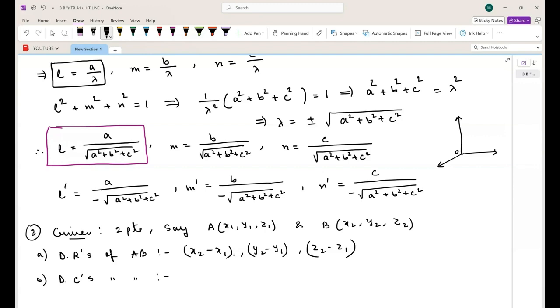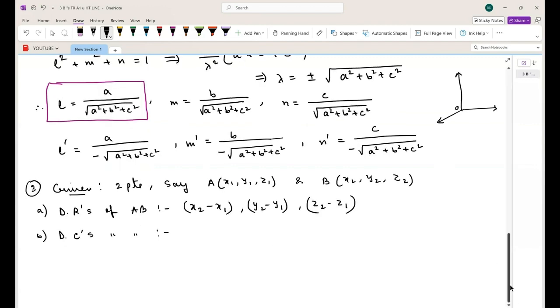Okay, so these are the DRs, and let me first give you the formula for DCs, and then I'll explain a little bit. DCs will be x2 minus x1, that is the corresponding DR, by the distance AB. Now what is AB?